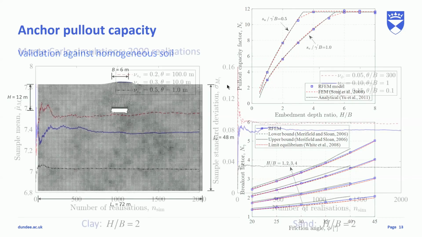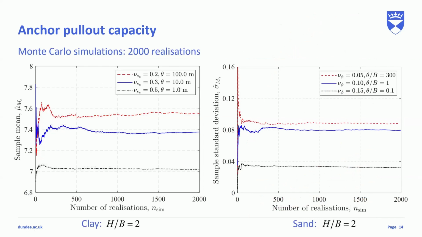And as I said, this is the Monte Carlo simulation. We have to do it many times. In this case, we just choose 2000 realizations, which means we have to use the RFEM code to repeat 2000 times. It takes quite a lot of time. How can we verify that?